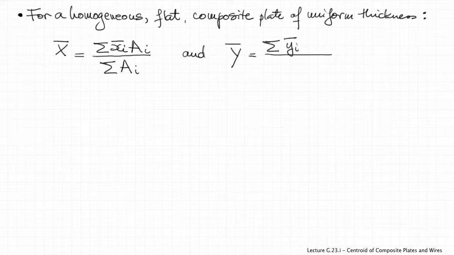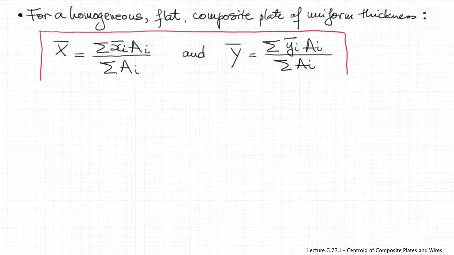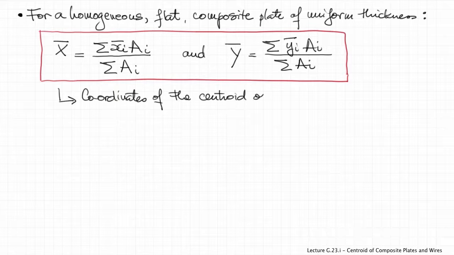And capital Y bar equals, in a similar way, the sum of yi bar Ai divided by the entire area of the plate. So very simply, with these two expressions, we can determine the coordinates of the centroid of the composite plate.